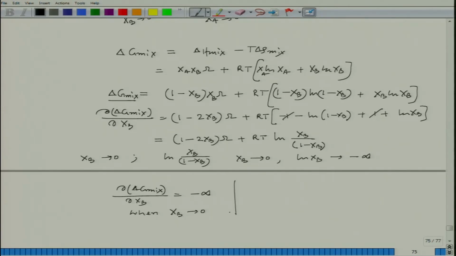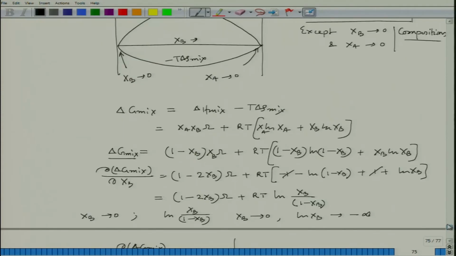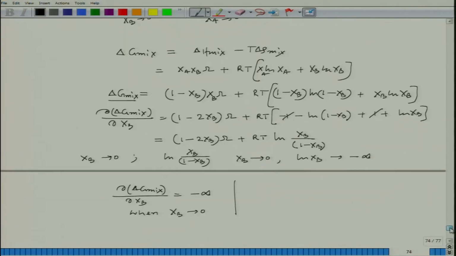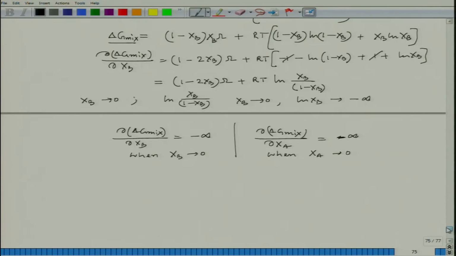Similarly, in this plot, the slope at this point on the ΔG mix curve is minus infinity. In the same way we can prove the same as x_A tends to 0. So, this is the slope of ΔG mix at the two extreme ends.